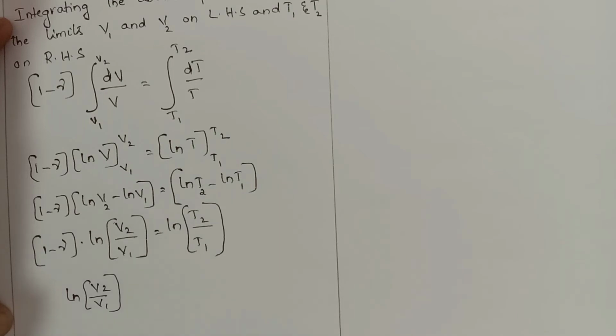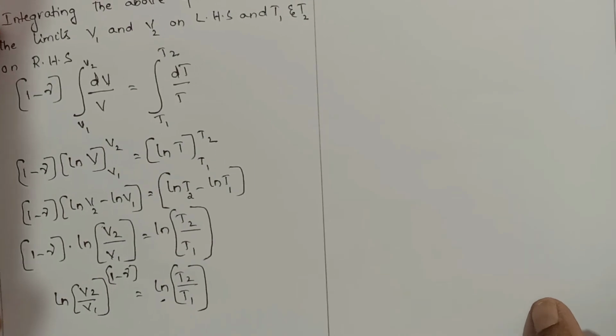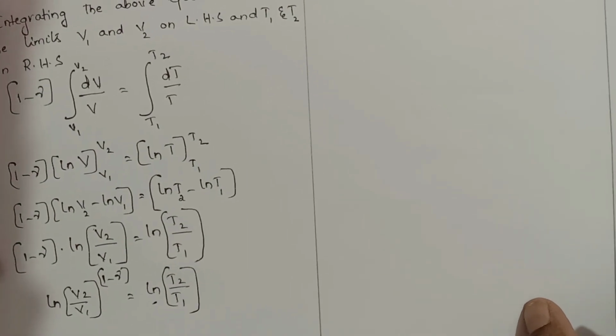Are you able to see? ln V2 by V1. Now, this 1 minus gamma goes as a power term. 1 minus gamma is equal to ln T2 by T1. Okay. So, left side there is ln, right side there is ln. So, we can cancel the logarithm on both sides. So, what remains?